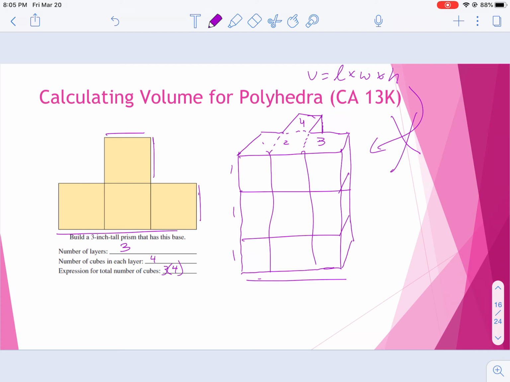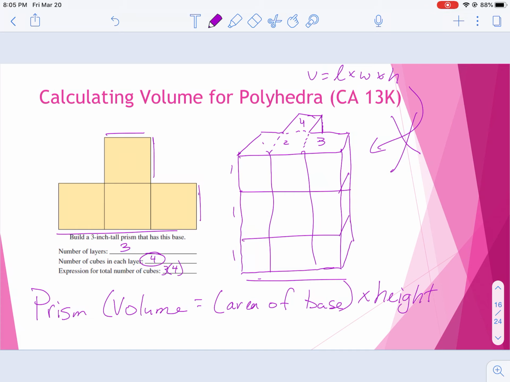But you can see there's something we can learn here: there are 4 cubes per layer, that's the area of the base, times the height. So for any prism, the volume is going to be the area of the base times the height.